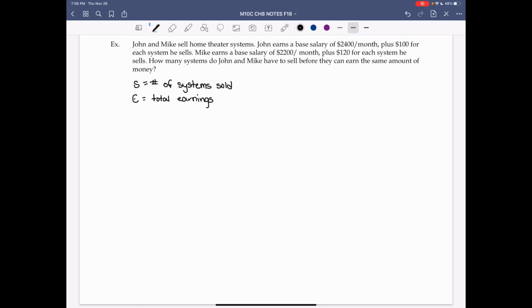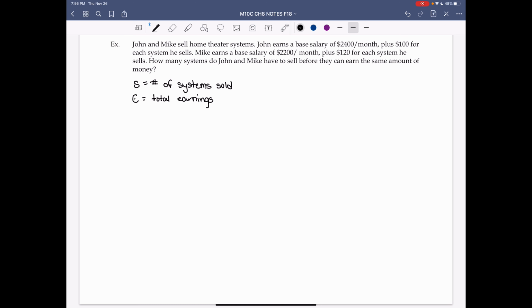The variables that we make in these types of questions have to apply to both people. So both people are selling a certain number of systems, and we're talking about the earnings that they make from selling those systems. So E and S would apply to both people.